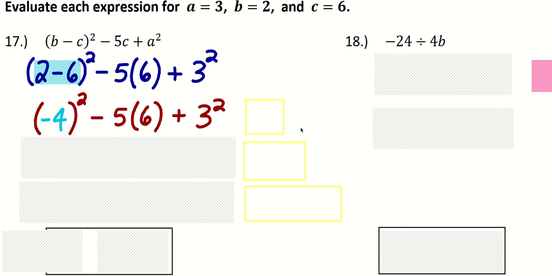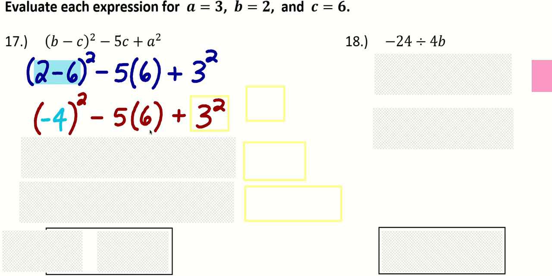So what do we literally do next? Well, I probably should have had a couple of these, because there's nothing more to do in parentheses. Yes, there's parentheses here, but there's just a 6 in here.